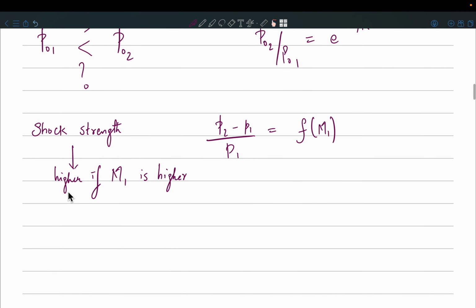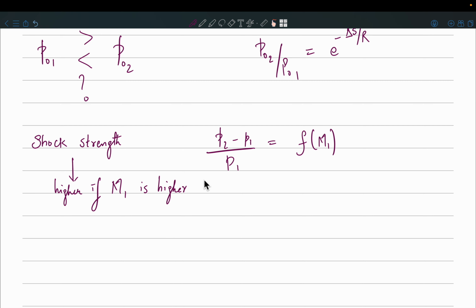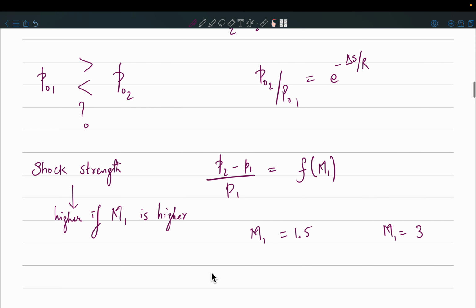Now the question is, what happens to the stagnation pressure? If I have one condition where M1 is say 1.5 and another condition where M1 is 3, where is the stagnation pressure drop going to be higher? In 3. Why? I understand, but the only relation that we have which tells me the stagnation pressure ratios across a shock is this. So you are saying that the entropy increase is higher if the incoming Mach number is higher.